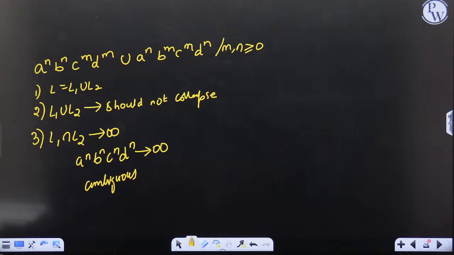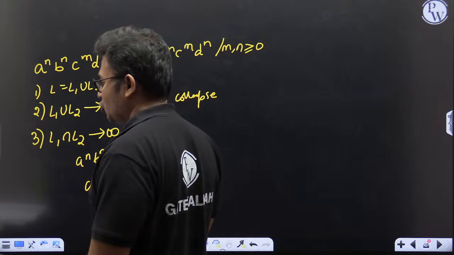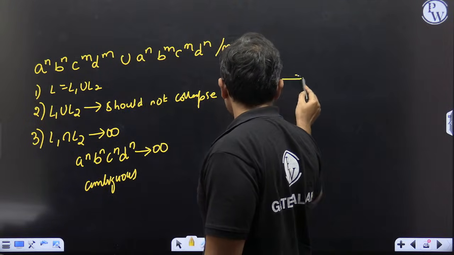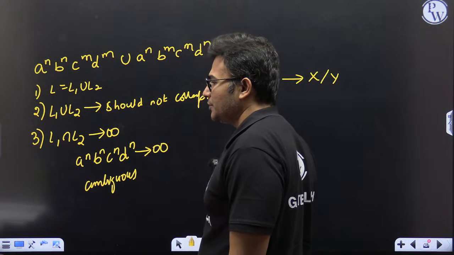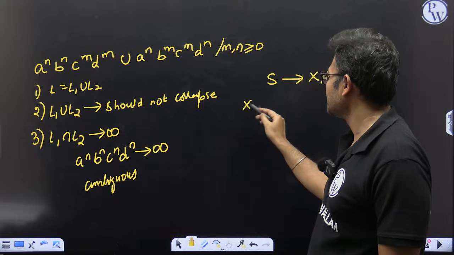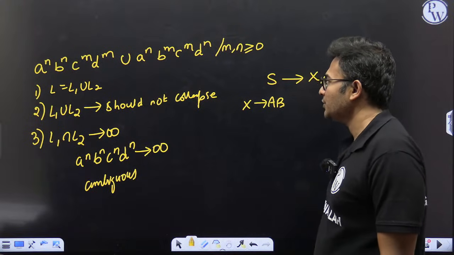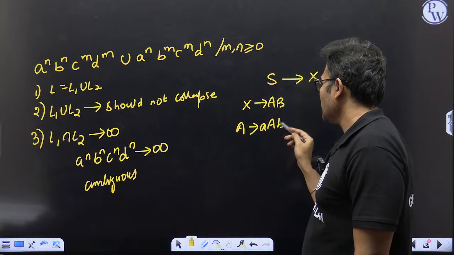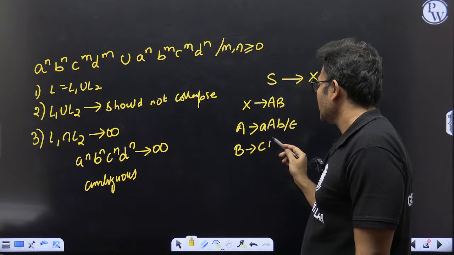Give me the grammar for this language. So we can write like this. S is union of two languages. Let me say X and Y. And X is concatenation of two languages. Now A can be equal number of A's and B's. B can be equal number of C's and D's.